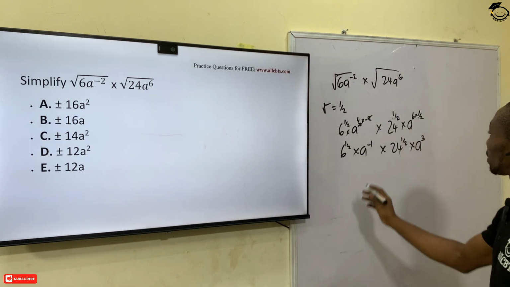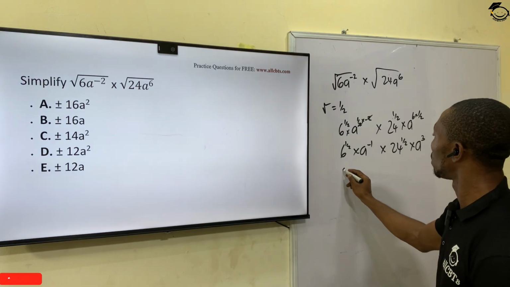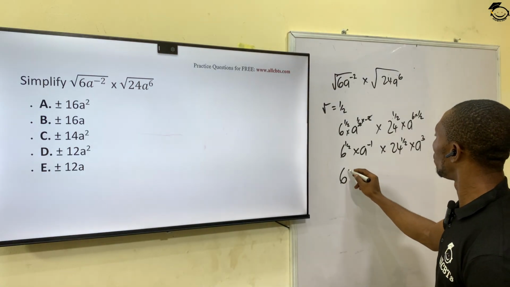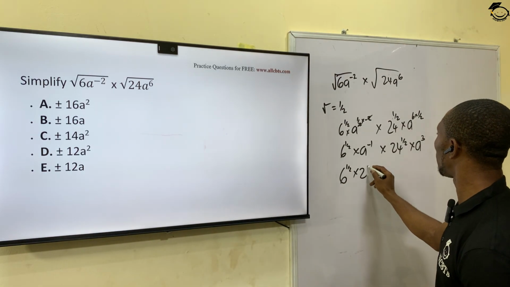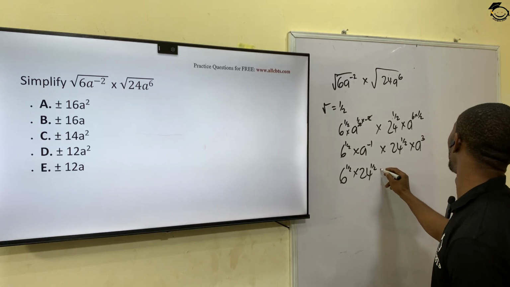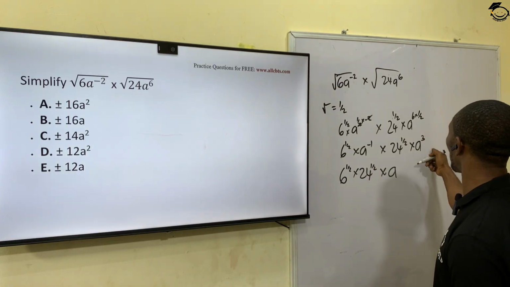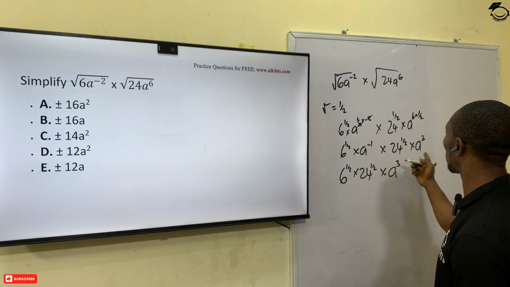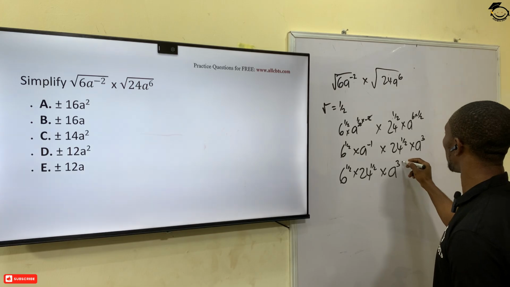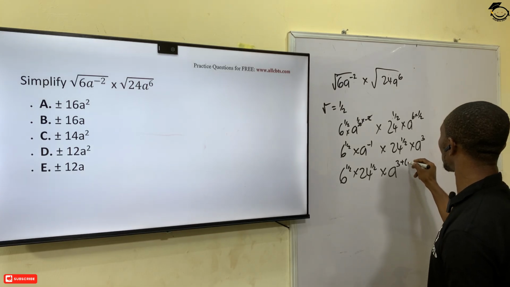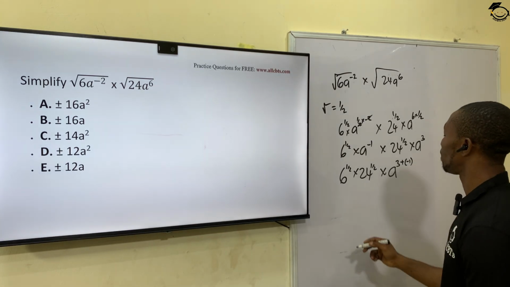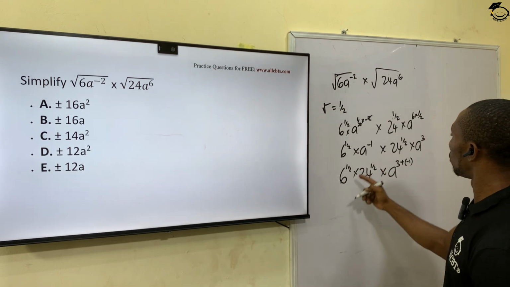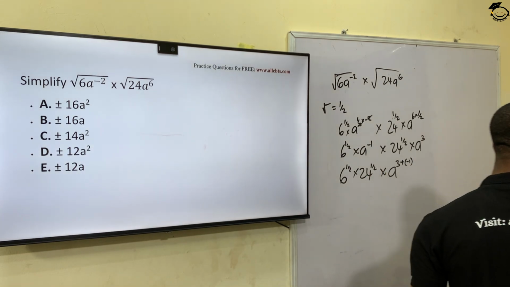Okay, now collecting our terms together, this becomes 6 raised to power half times 24 raised to power half times a raised to power what? 3. Since this is multiplication turns to addition, 3 plus minus 1. Okay, now this will become 6 times 24.